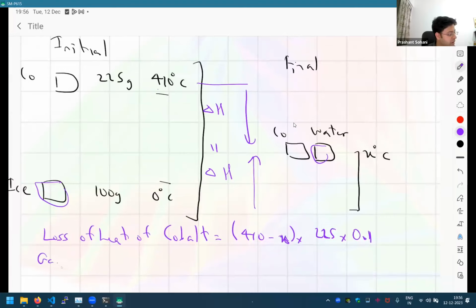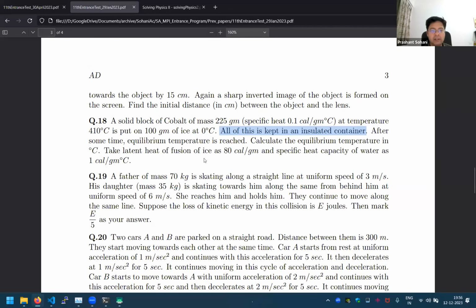In the same way, what will the gain of heat of the ice slash water be? First I need to measure how much heat is required to convert the ice into water, right? Because we know how latent heat works: without increasing the temperature, just the conversion of the solid into liquid is going to happen. And that heat is given as 80 calories per gram.